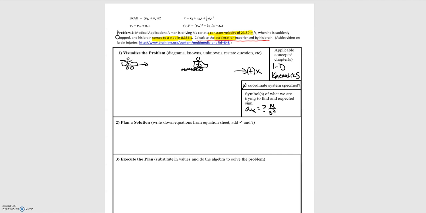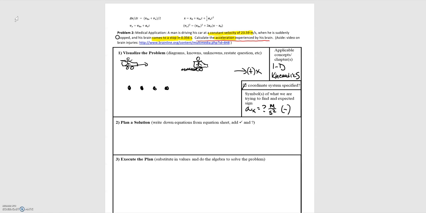So we are moving along to the right and the car is suddenly stopped. So to be able to slow down, we know that acceleration must be in the opposite direction of velocity. So if we're moving to the right, the acceleration must be to the left, and so we should expect a negative acceleration. Moving at a constant velocity, so we should have evenly spaced dots on our motion diagram to represent that.